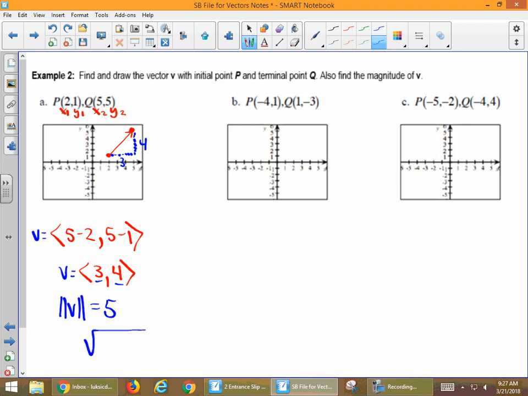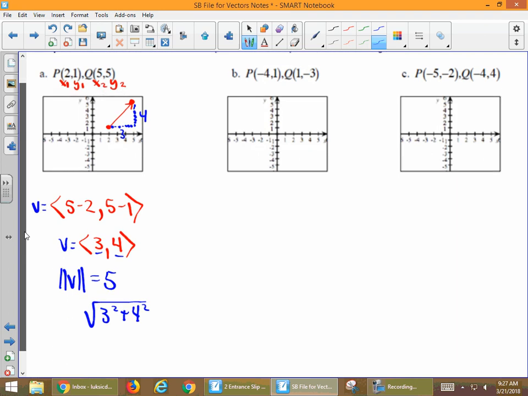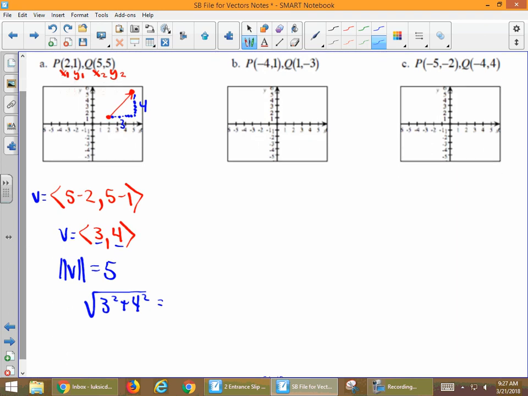I like to always check it. There was one time when I thought it was a 3, 4, 5, and then it wasn't. That's fine. 9 plus 16 is 25. Okay so far?